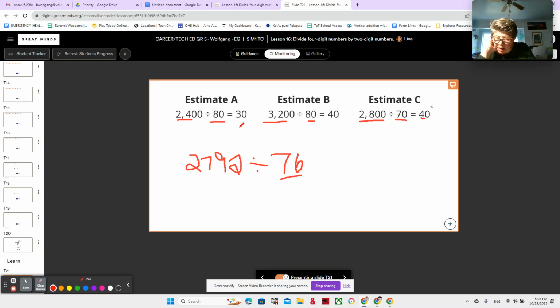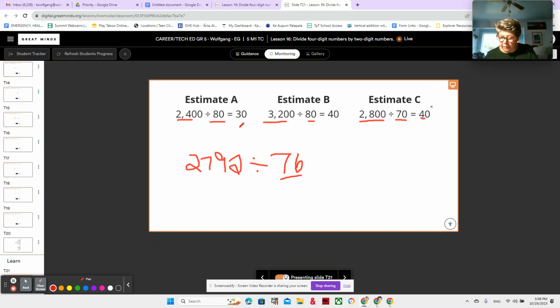So, something to think about. Are these estimates helpful? They're quite close to each other, aren't they? Right? So we think that our quotient is probably going to be more than 30 and less than 40. So somewhere in between 30 and 40 would make sense. Which estimate would you use to find the quotient of this division expression?